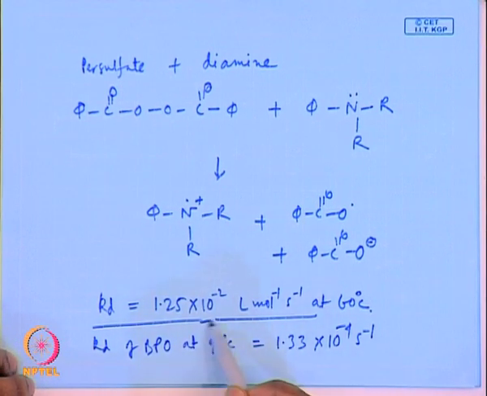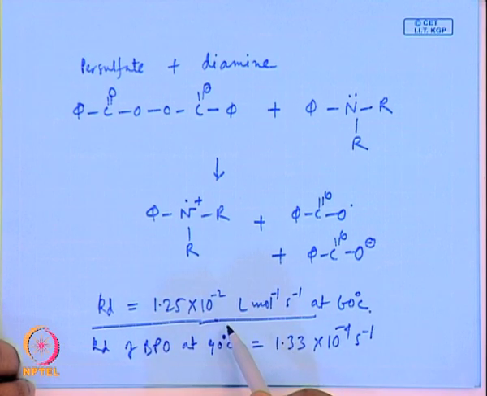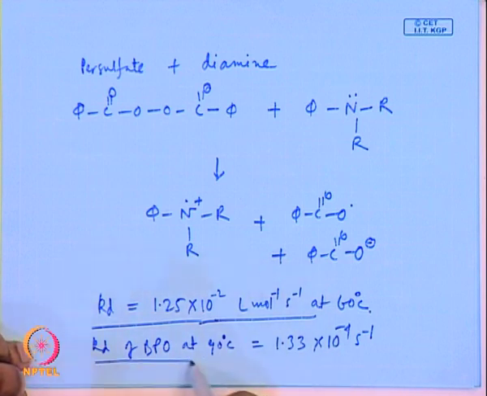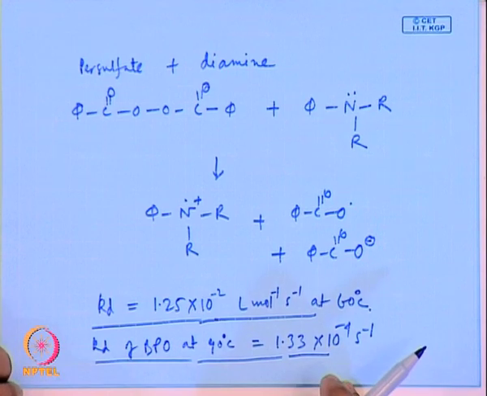So, generation of radicals by a redox initiator can be done at a much lower temperature, room temperature or even lower, whereas for BPO, a thermal initiator, the reaction rate is much lower. So, you need a higher temperature for the polymerization reaction.